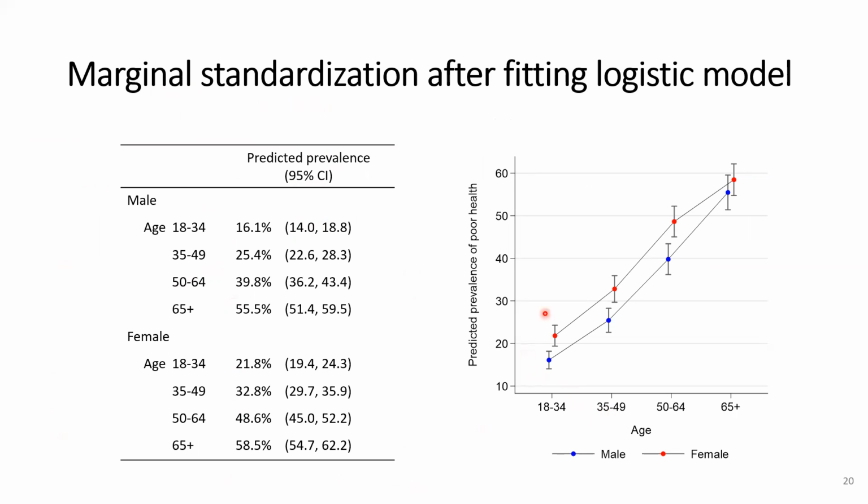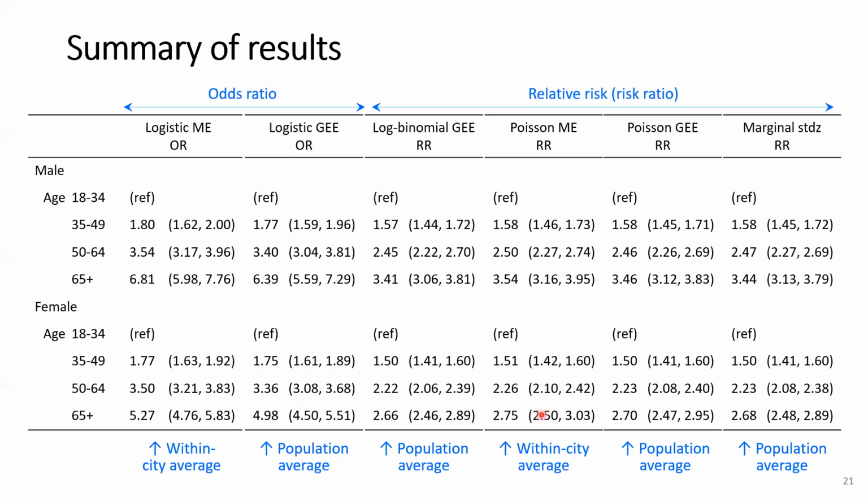So these are the obtained prevalences for each age group for each sex. And this may be very easy to digest and understand, which cannot be done using other methods. And this is a summary of the results. The first two are results using odds ratio, and these are results using relative risk, for male and female for each age category. For each sex, age 18 to 34 is the reference group.